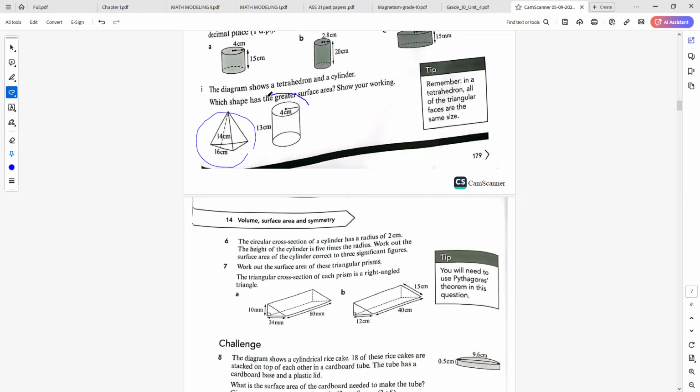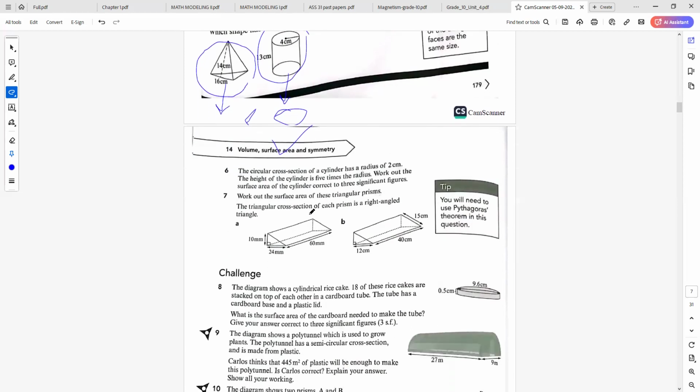Then we have a cylinder. Now we have to find out the surface area of this and the surface area of this. Then you have to compare which is greater. Then if this is greater, you have to mention this is greater, and the answer would be correct.